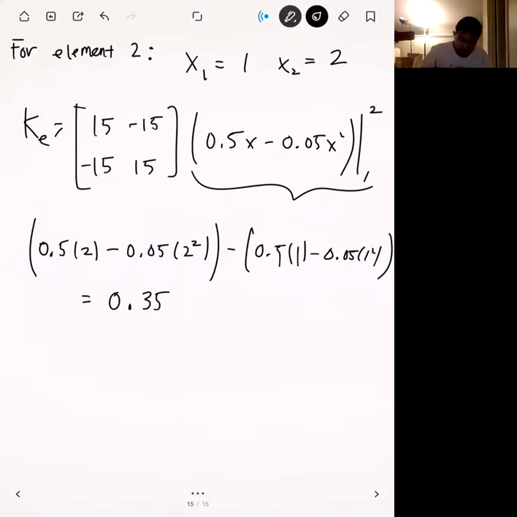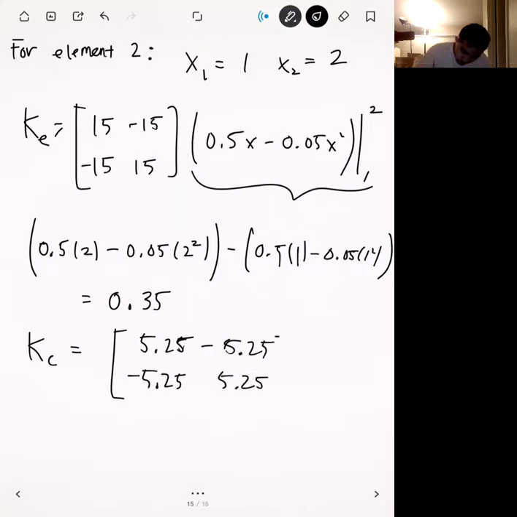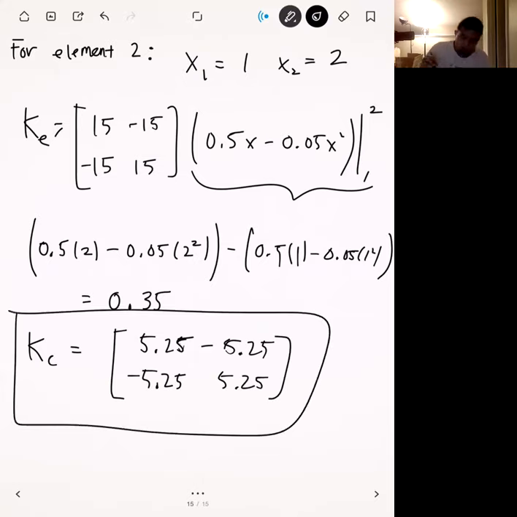So ke here is 0.35 times 15, which gives us 5.25, -5.25, -5.25, 5.25. And that's our element stiffness matrix for element 2.